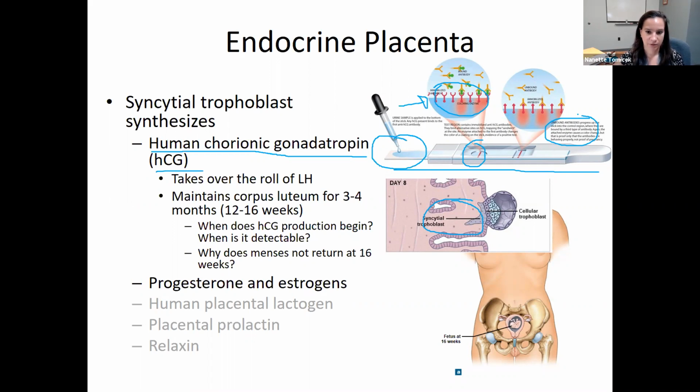Okay, so that's your pregnancy test, and it's going to respond to that human chorionic gonadotropin hormone, which you will produce at about the time of implantation, when that syncytial trophoblast starts in very early stages trying to act like a placenta. Again, that corpus luteum is going to be pumping out progesterone and estrogens until this little tiny thing can grow into the size of a dinner plate, right? Our fully formed placenta.